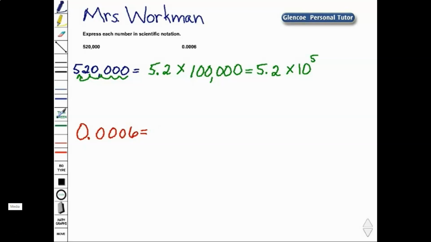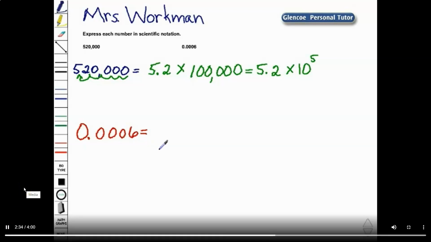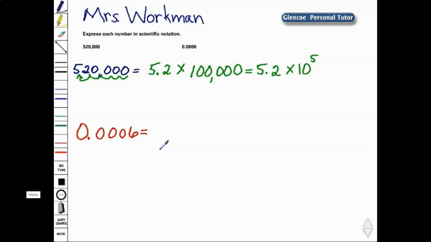Again, we want to rewrite that number as a product of a number that's greater than or equal to 1 and less than 10 times the power of 10. To actually do that, we want to put the decimal point behind the first non-zero digit. So it would be 6.0. And we'd want to multiply that by a power of 10.